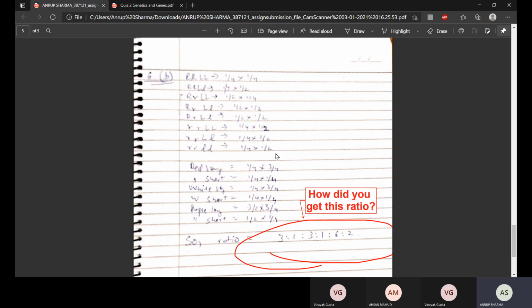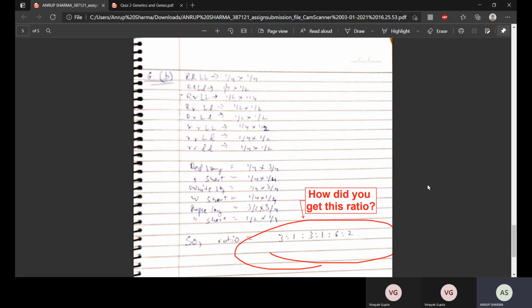No, wait. Let me read the question completely so that I can understand. The part of the radish we eat may be oval or long, with long being the dominant characteristic.